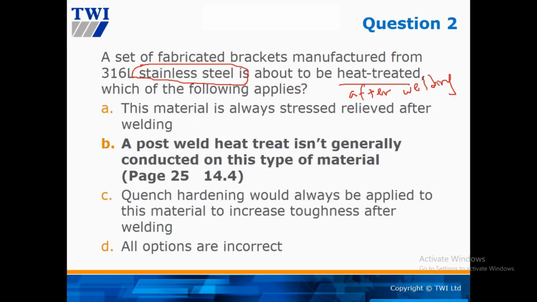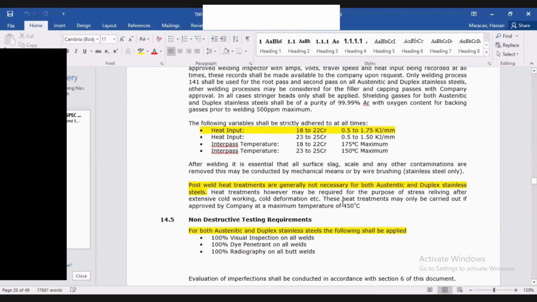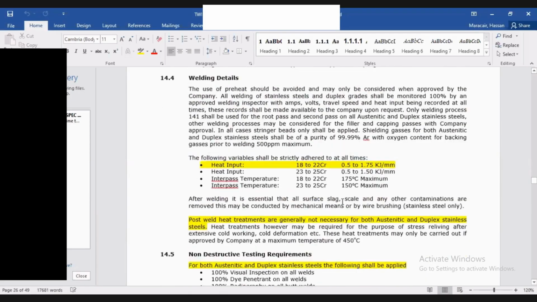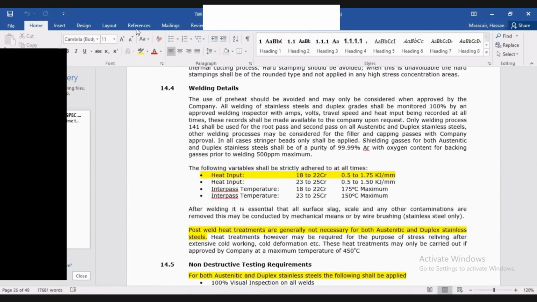Now look at 14.4. You can see the statement here. Post-weld heat treatment is generally not necessary for both austenite and duplex stainless.